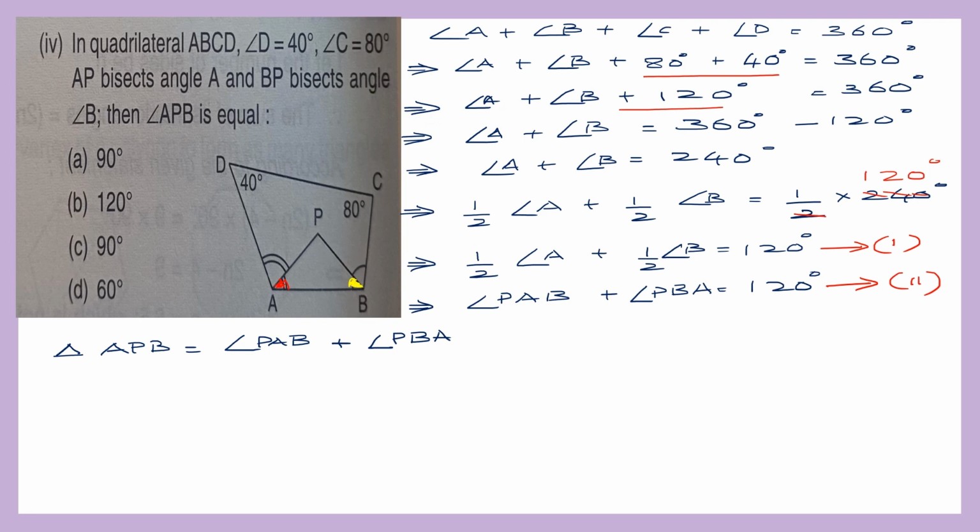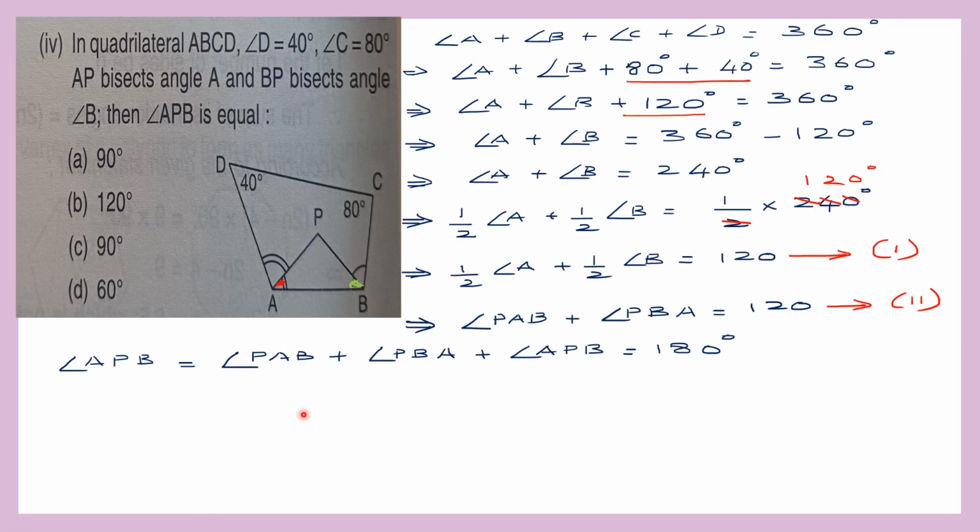Now, which is the third angle? The third angle is this one, at the point P. So that will be plus angle APB. All this should be equal to 180 degrees because they are all the interior angles of this triangle APB. So all three interior angles should add up to 180 degrees.